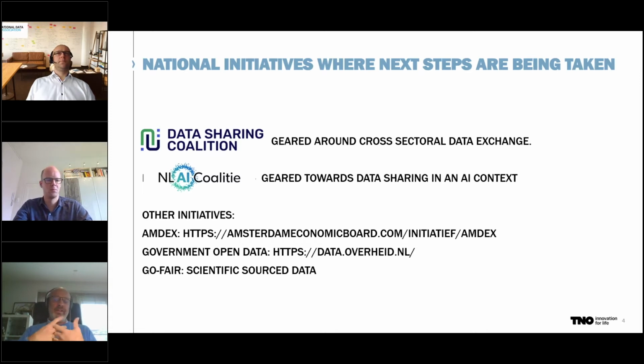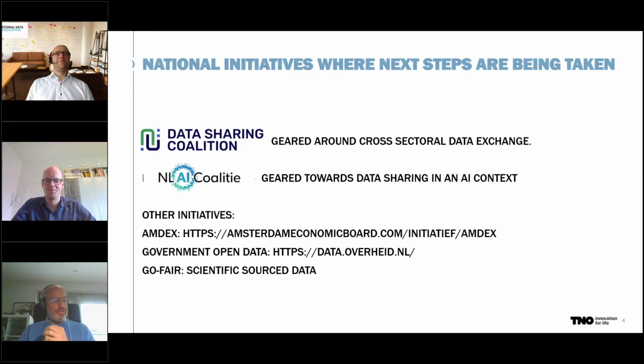So other initiatives, these are not the only ones. There's other initiatives as well. I mentioned a couple below. There's Amdex in the Amsterdam economic region. Again, similar principles, similar design principles. There's a lot that the government is doing in the Netherlands. If you are mastering the Dutch language, then data.overheid.nl is a good place to go to.